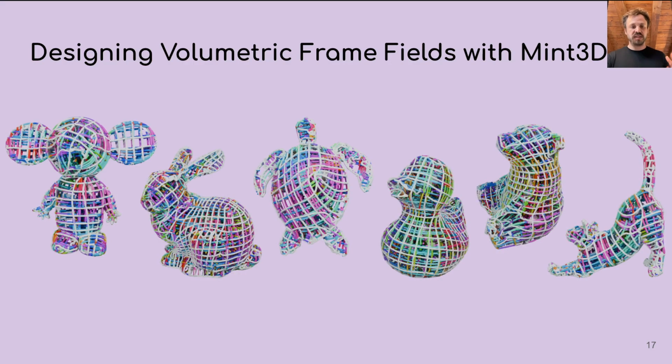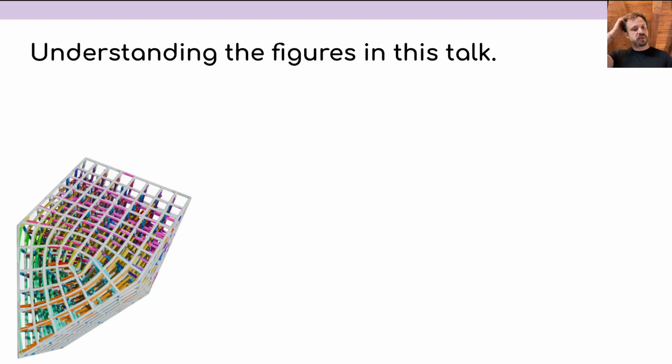Okay, and now let's move on to the results. Here are some results we obtained on more complex animal models. But how do you understand these figures? In this work, we introduced a new visualization technique for understanding how integrable a frame field is.